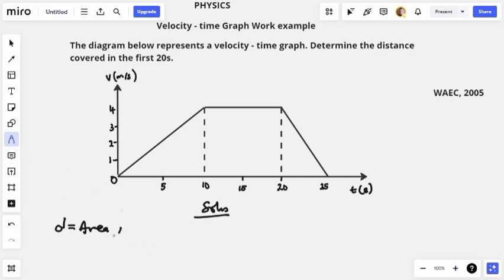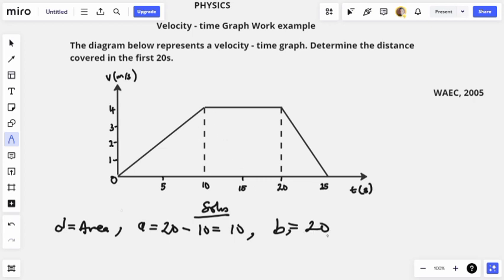So let's proceed. In this trapezium, the short length side from here to here can be given as our A. A can be given as what? 20 minus 10 to give us what? 10. And then our B, from here to the 20 seconds mark, our B equals to what? 20.